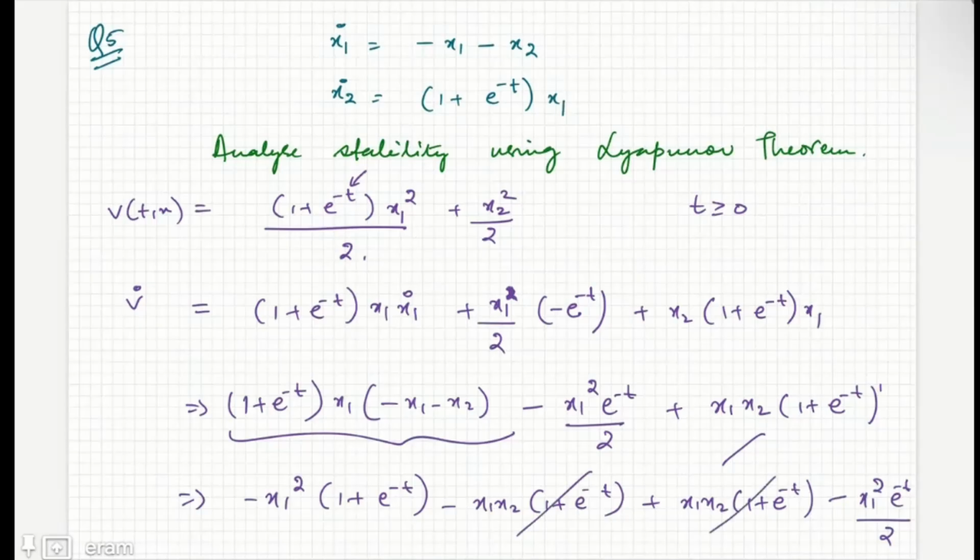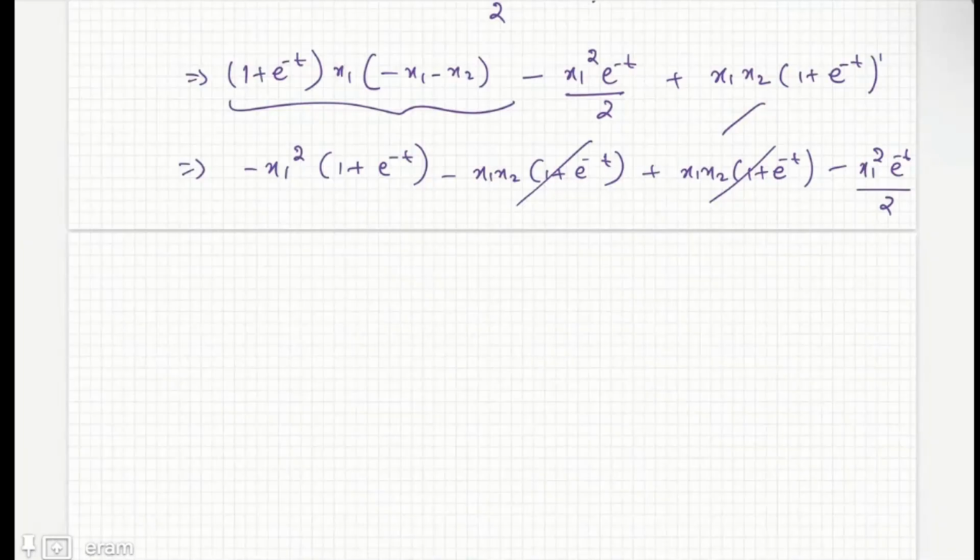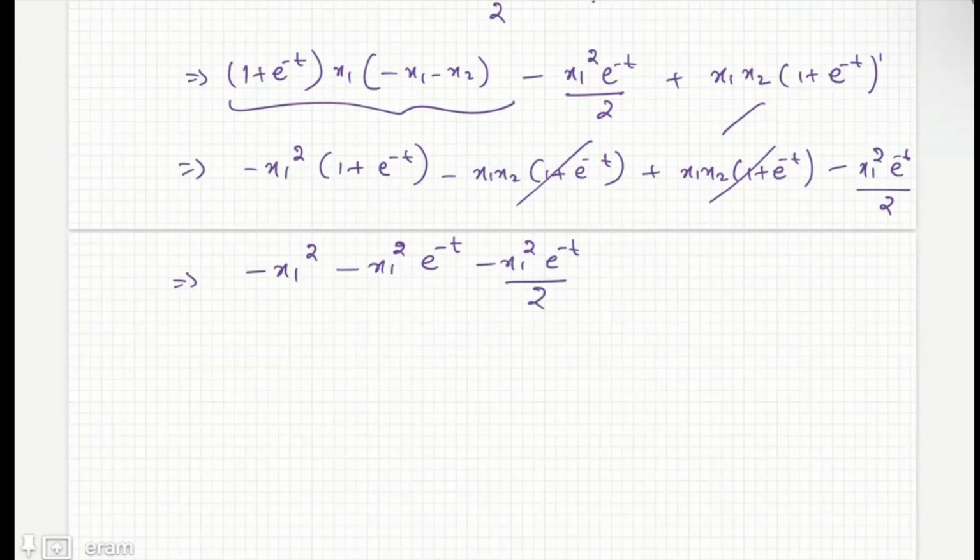So these two terms cancel each other. So what we have is, let's open it. It is minus x1 square e to the power minus t, and then minus x1 square e to the power minus t by 2. That would give us minus 3 by 2 x1 square e to the power minus t.